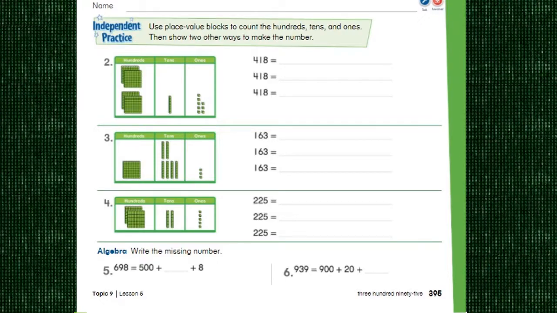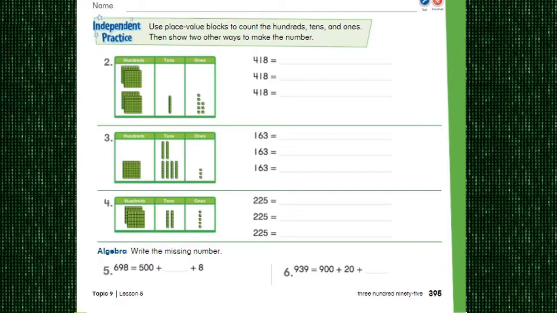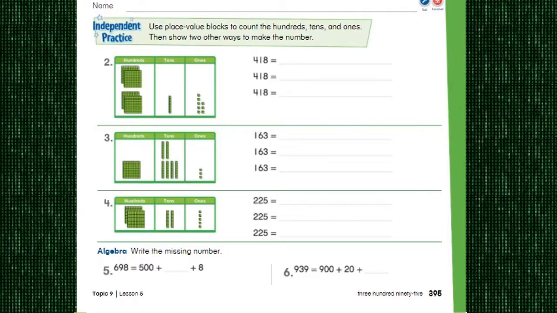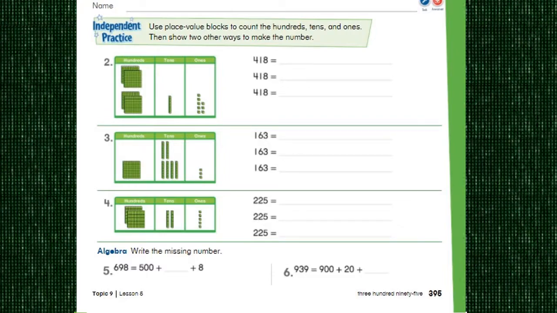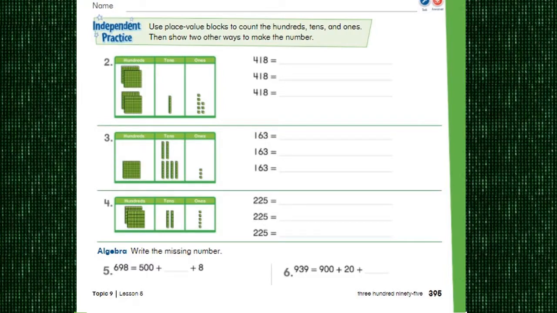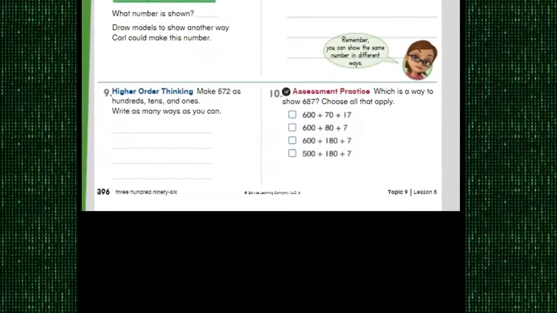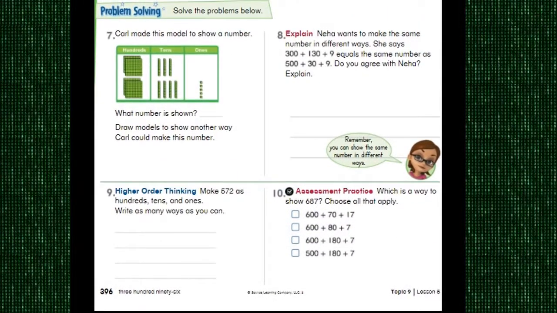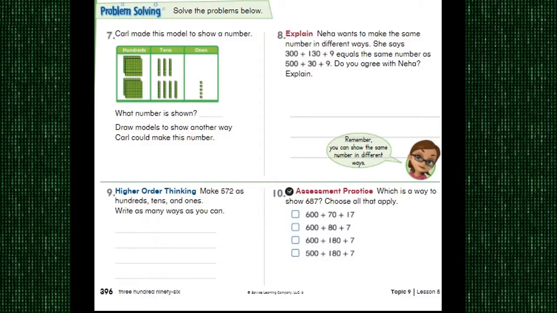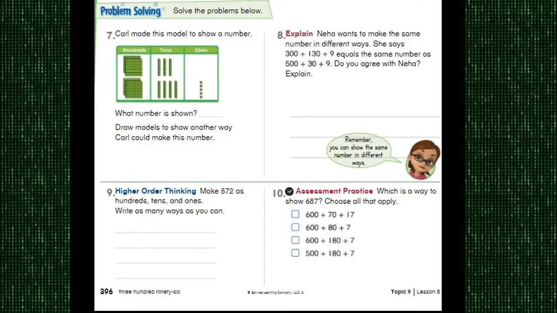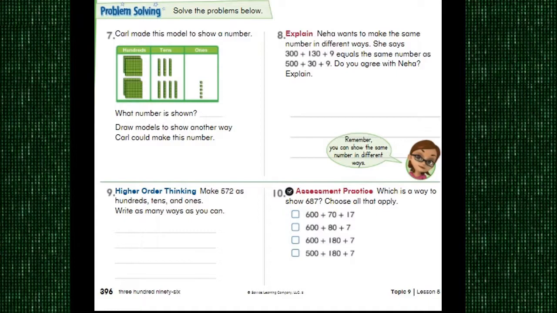So try to write numbers 2, 3, and 4 in 3 different ways, and you have to think carefully about 5 and 6, but you can do it. And then page 396 has some word problems. Read these carefully. I'm sure you'll be able to get them.